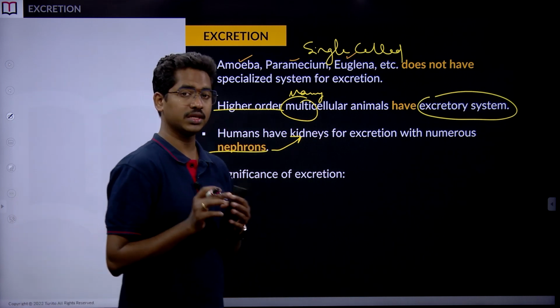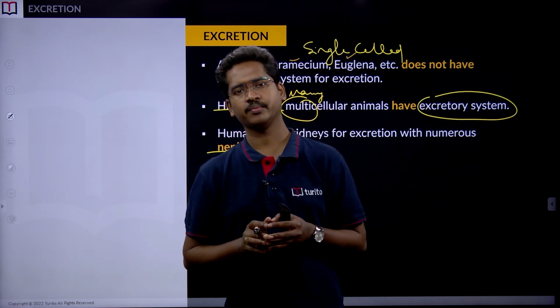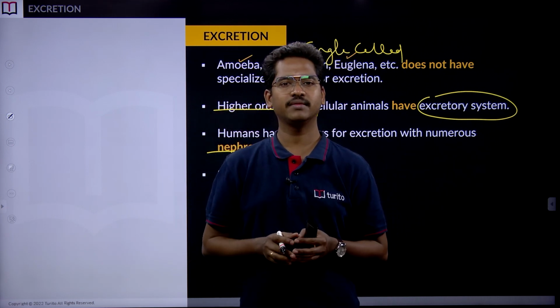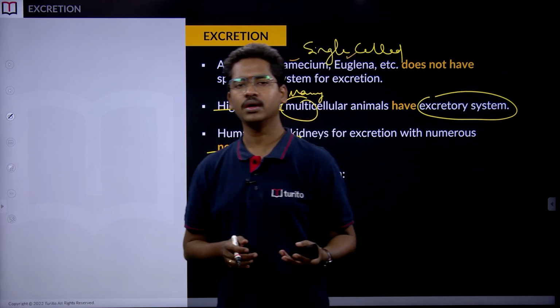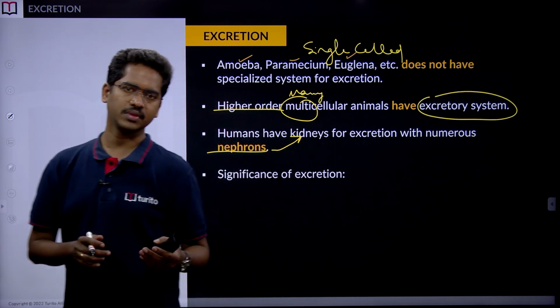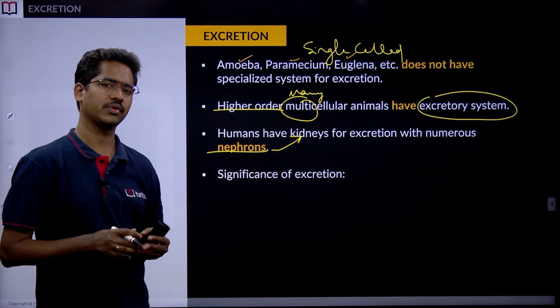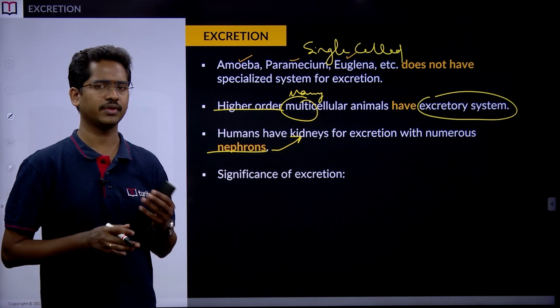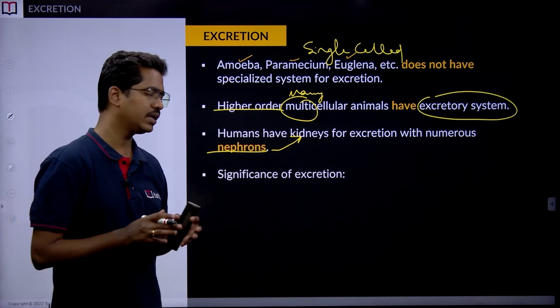Whatever waste we are removing out of the body, it is not the fecal discharge. Mainly the waste released from our body is through urine. Fecal discharge mainly contains dead germs or bacteria, but its main composition is undigested food.